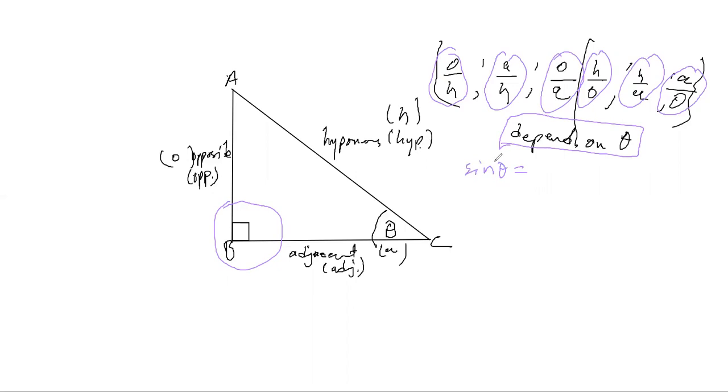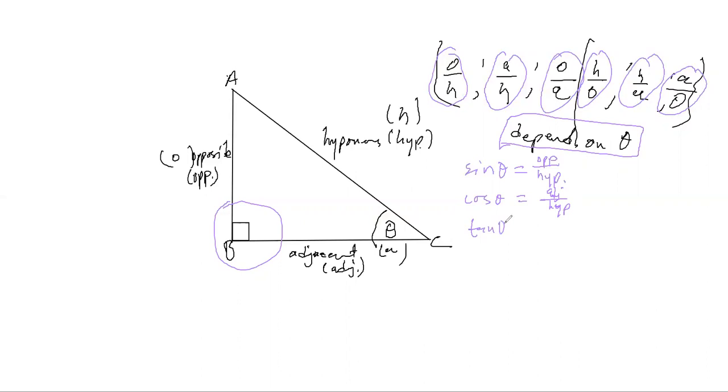The sine of theta is opposite over hypotenuse. That's it. The cosine of theta will be adjacent, ADJ, over hypotenuse.